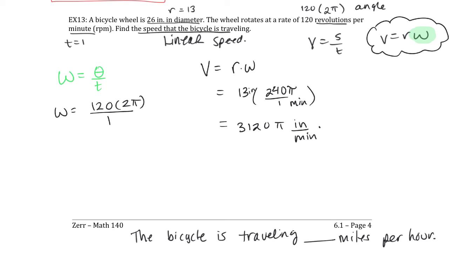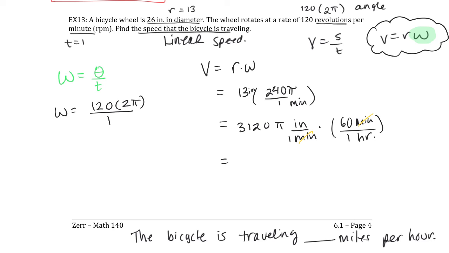So now we need to convert that to miles per hour. I'm going to start working on my time first. This is 1 minute, and there are 60 minutes in an hour. I want to get rid of minutes, so I'm going to put that in the numerator, and that's the same as 1 hour. Now my units will cancel there, and I'll be at least in inches per hour, which isn't quite what I want, but I'll get there.